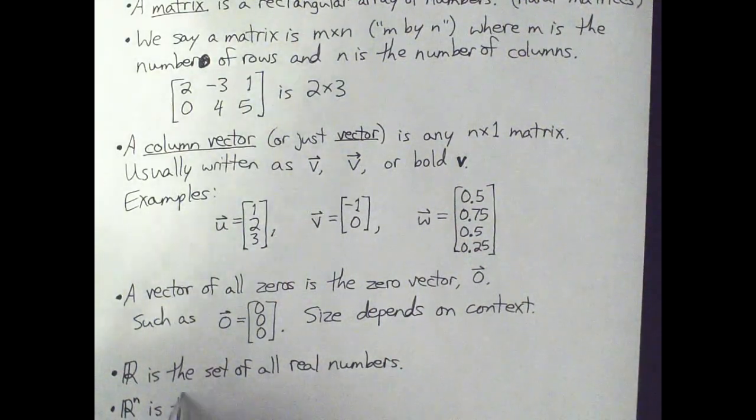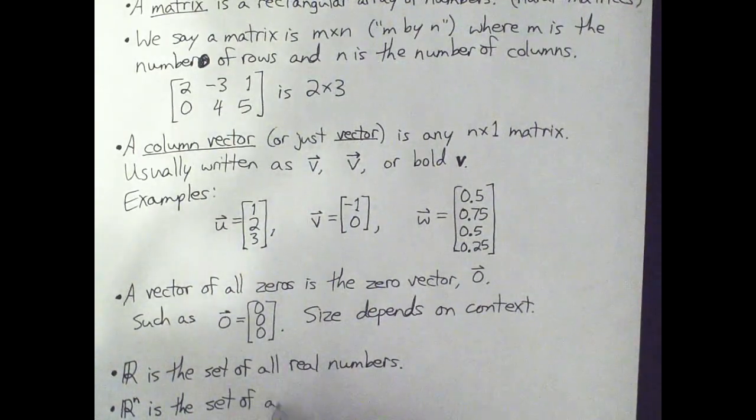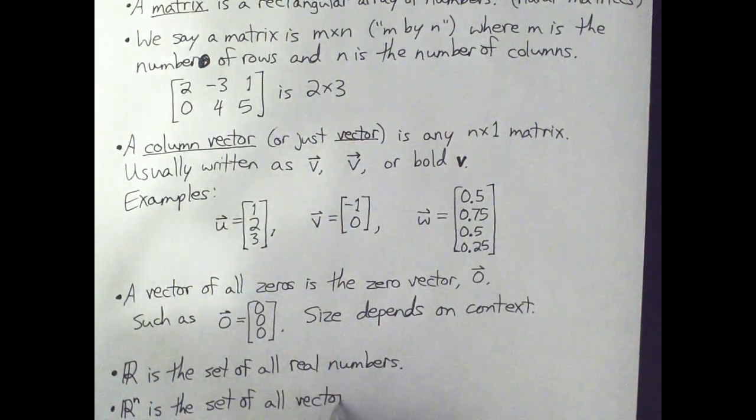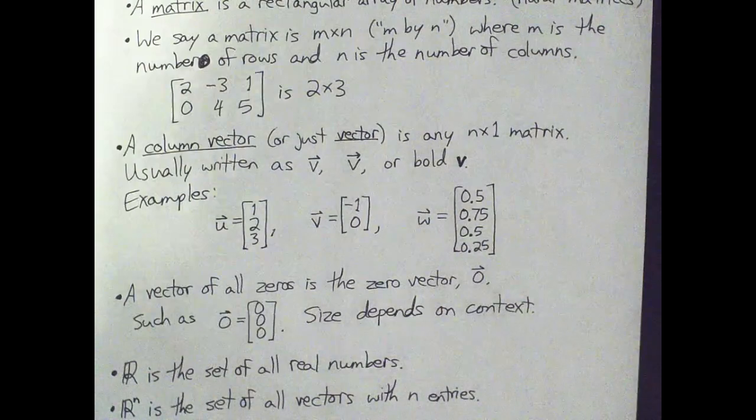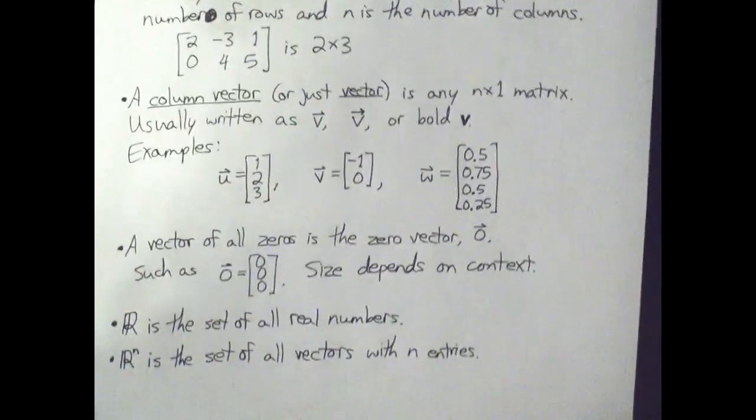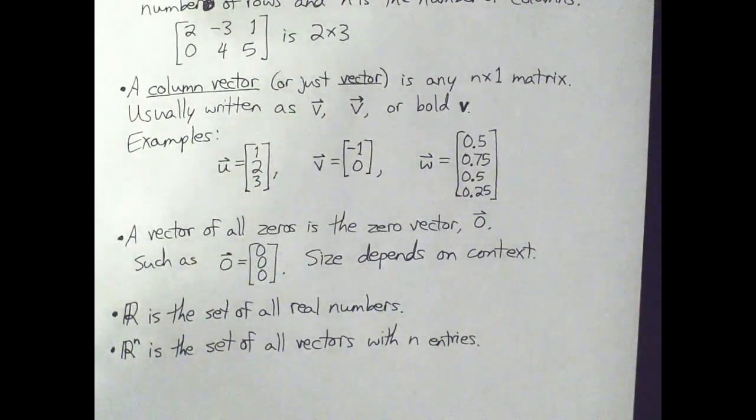And it is the set of all vectors with n entries. So if you want to talk about all vectors that have 3 entries, you could have R with a little 3 up there, where all the entries are understood to be real numbers.